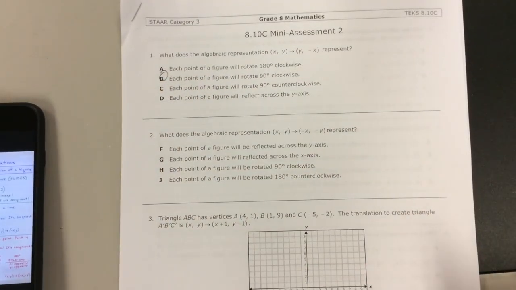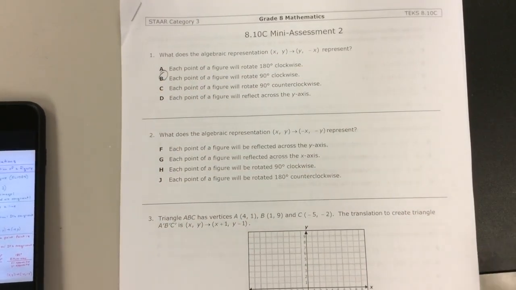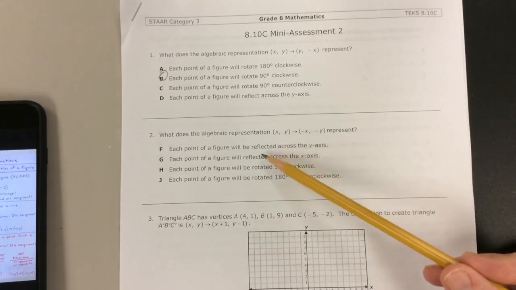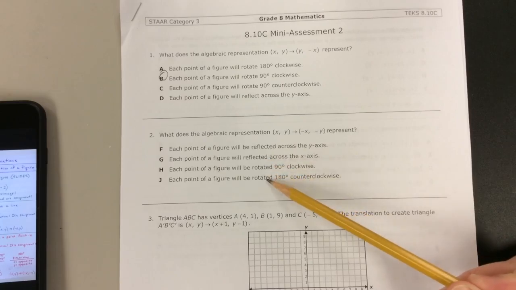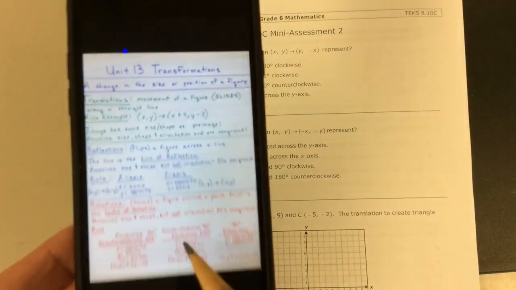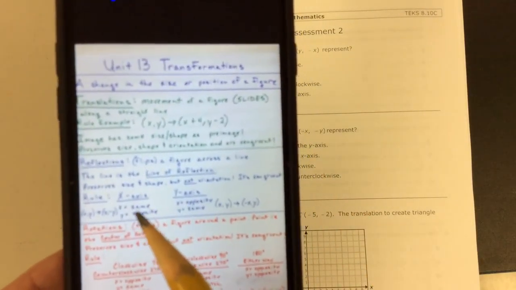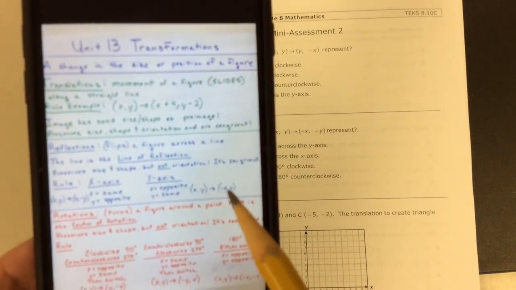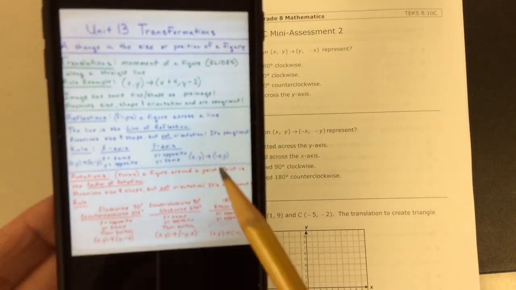Number two, what does the algebraic representation (x, y) becomes (negative x, negative y) represent? They have reflections and rotations, so we need to look at those rules. Reflected across the y-axis, that would be this one, and that's not what we're looking for because they both need to be negative.